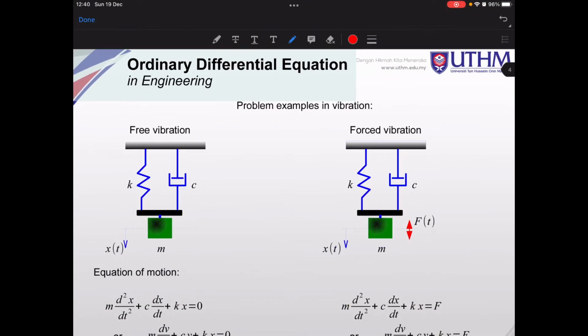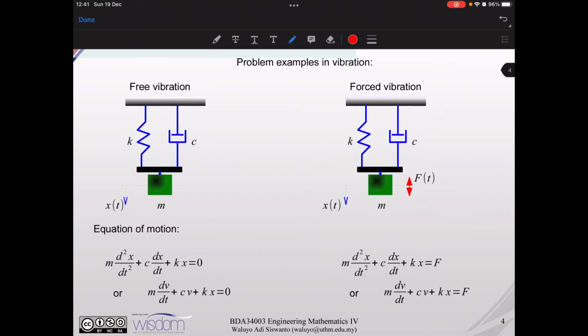So what is ODE and its application in engineering? As I mentioned earlier in the class, in vibration, you are already aware what is free vibration and forced vibration, whereby for free vibration there is no external force, and for forced vibration we have external force.